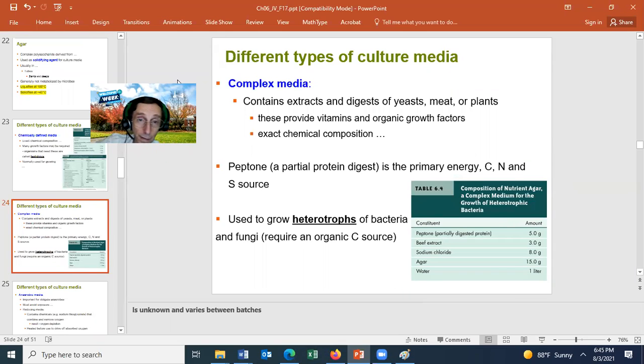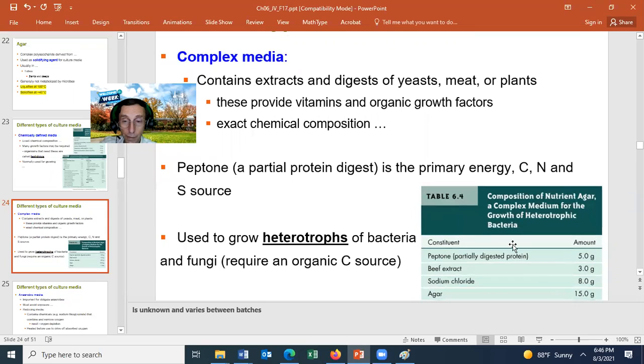But let me talk about a complex media. This contains an extract of digestive yeasts, meats, or plants. The digestive yeast, meats, or plants provide vitamins and organic growth factors. The exact chemical composition of these media is not known, and it will vary. For example, this one here, we're adding peptone, that's a digestive protein from soybeans, and beef extract, so we ground up a cow.